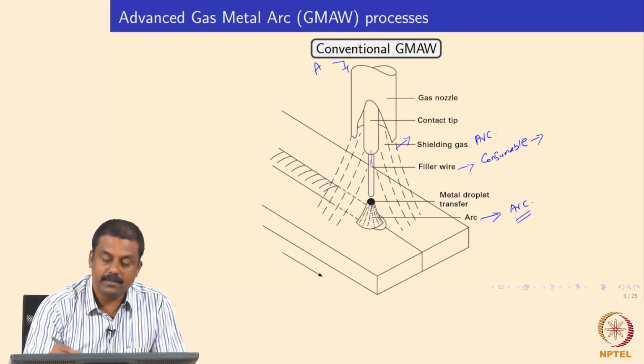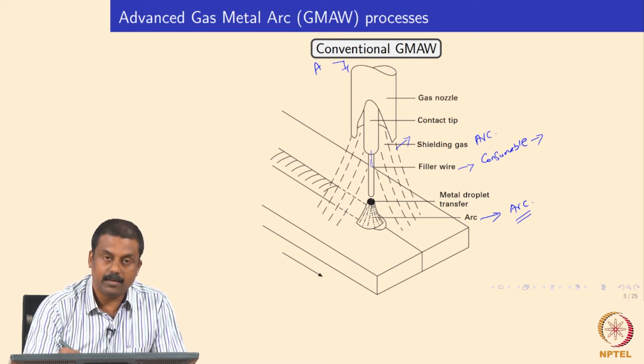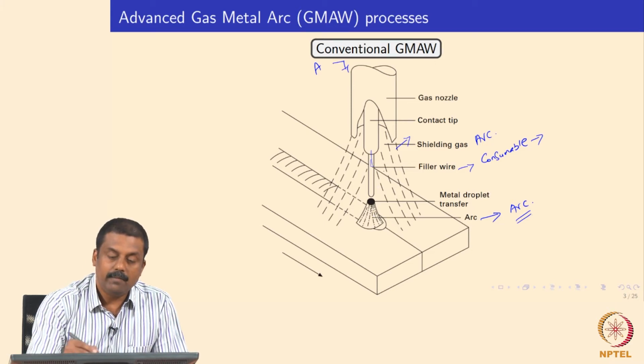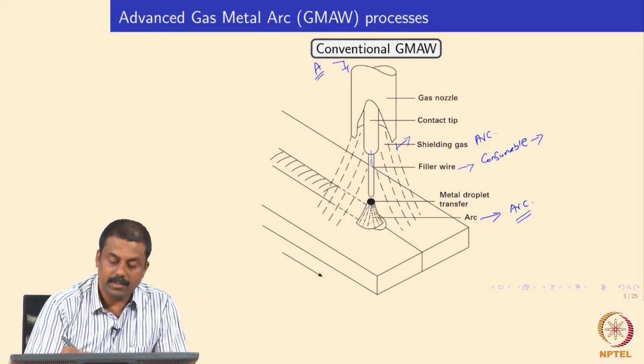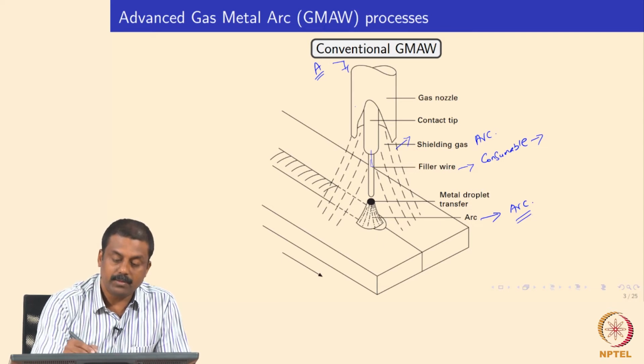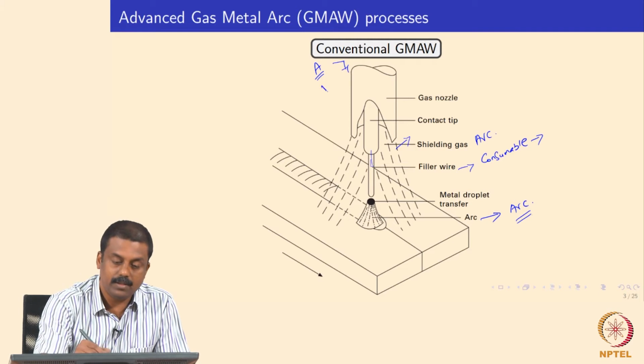The gas is ionized, forming electrons and ions, and based on your polarity, they can travel either from electrode to workpiece or from workpiece to electrode. The entire heat is generated by passing an amperage towards the setup from a power source, and the setup is maintained at a potential difference of volts, V.